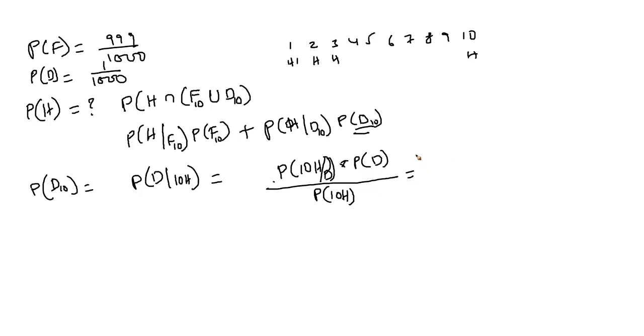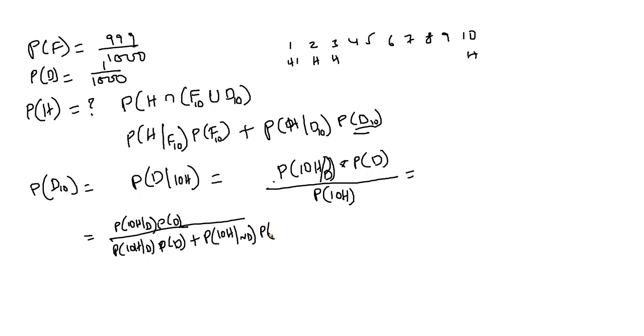We are applying Bayes' theorem. If we expand this, it's the probability of 10 heads given it's a double-headed coin times the probability of a double-headed coin, divided by the probability of 10 heads given double-headed coin times the probability of double-headed coin, plus the probability of 10 heads given not a double-headed coin and the probability of not a double-headed coin. So this is the whole space, right? So that's how you compute this probability.